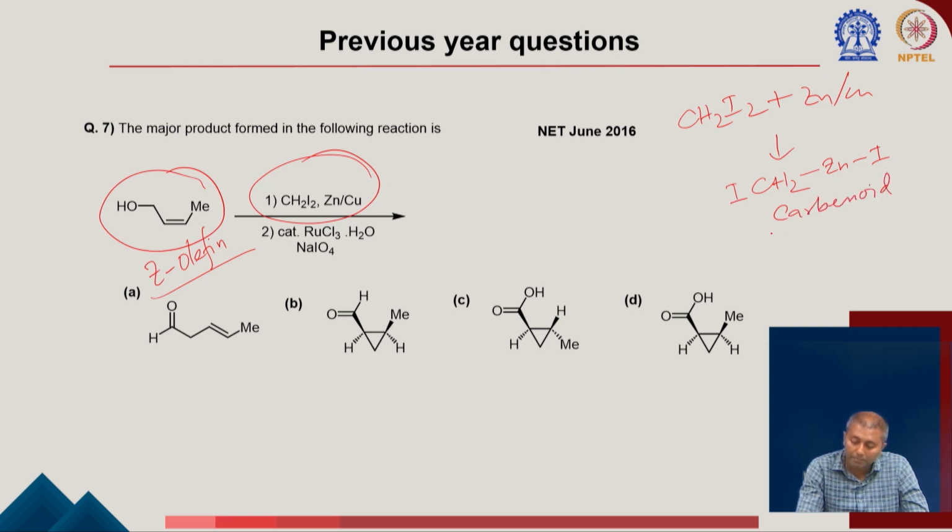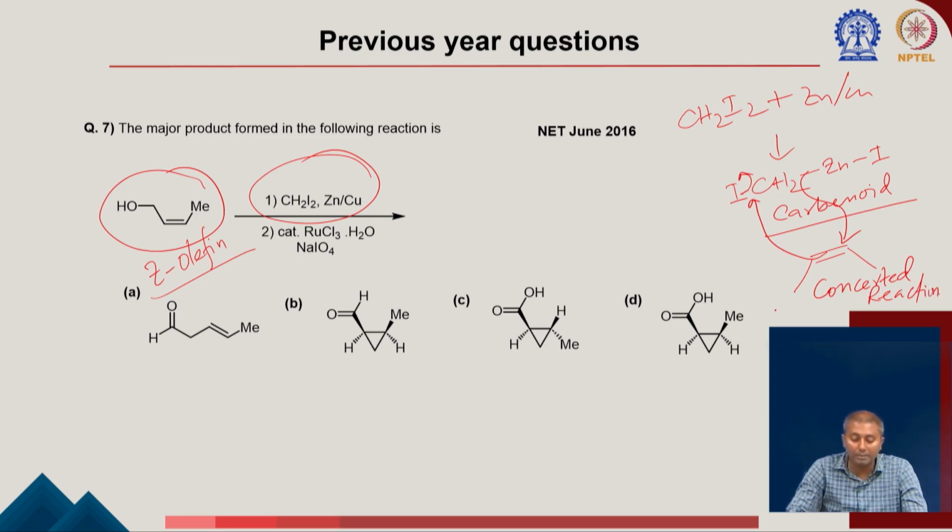This carbenoid can react with an olefin. We can write a mechanism where the iodine is getting out and this is getting in. So this is a concerted reaction again. That's why it is stereospecific.